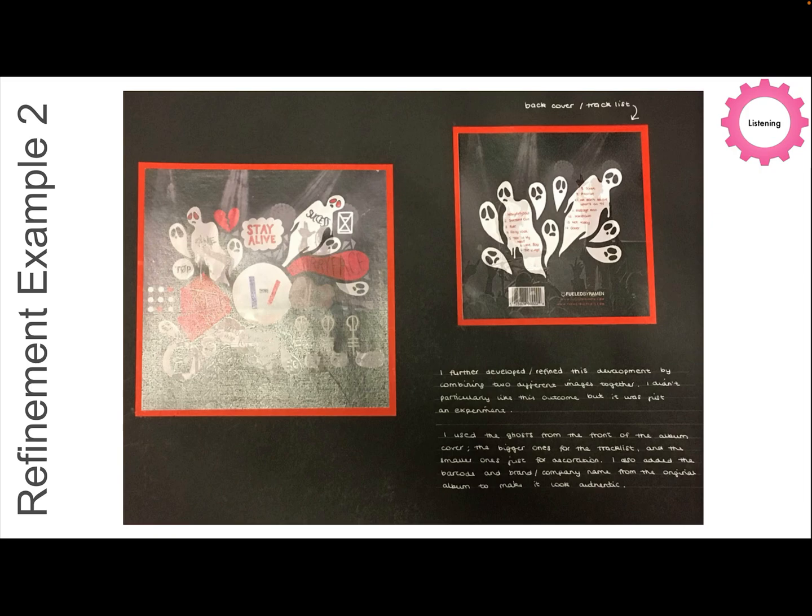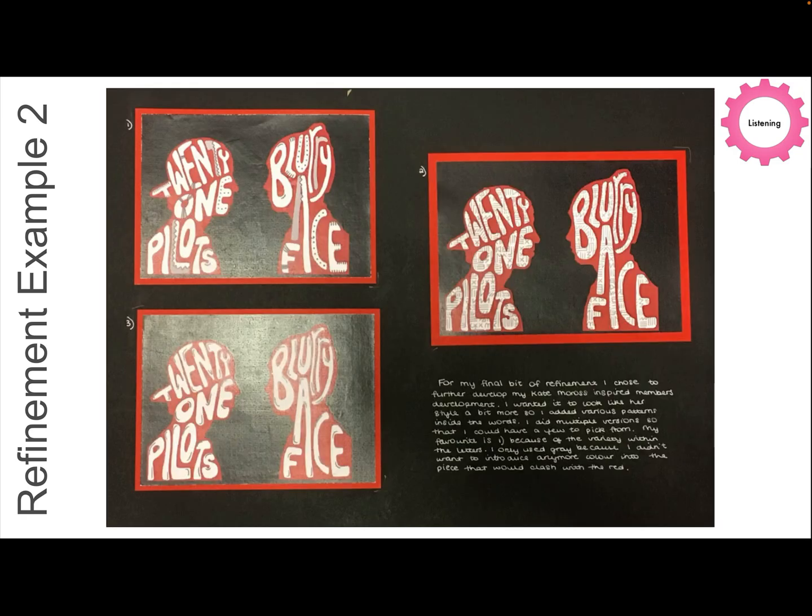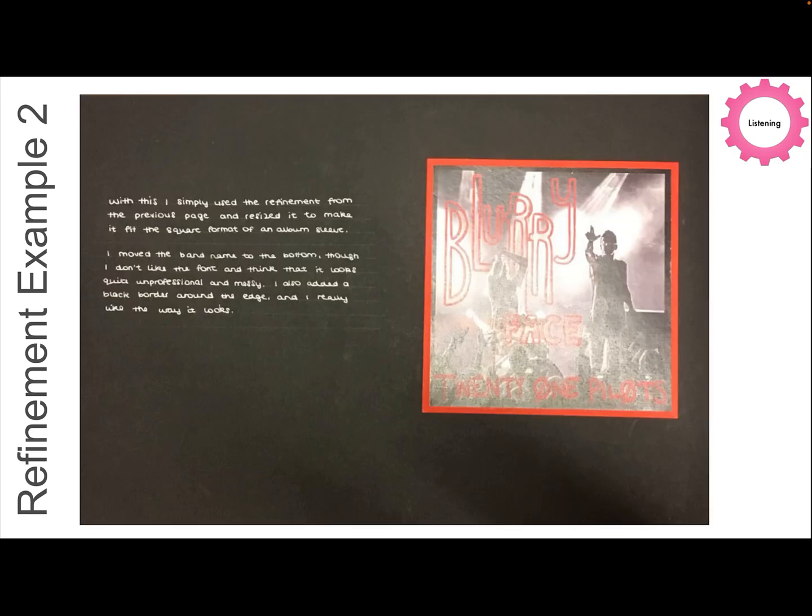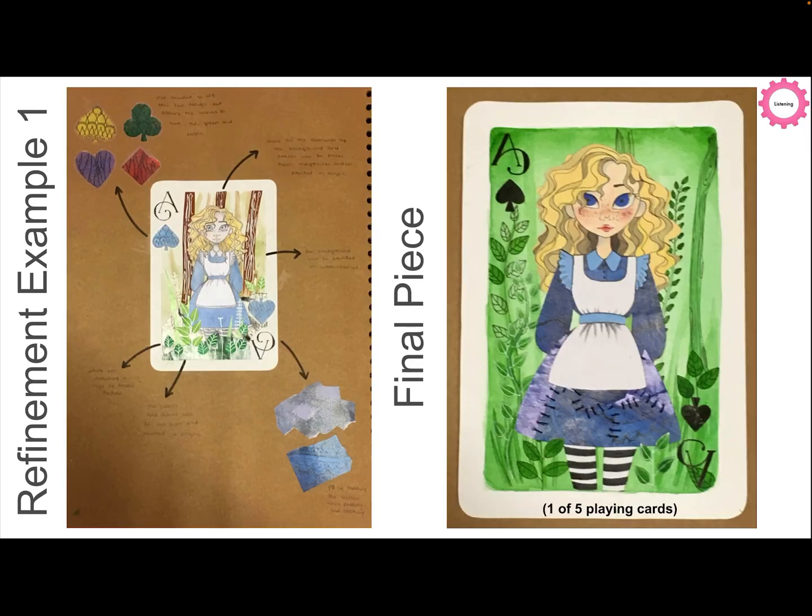So really the most important thing is you're almost at the end, but you just need to make sure it's clear from the development stage what it is you're actually going to take forward into that final piece. So the final plans need to be clear and precise and give us an idea about the materials that you might be using and the arrangement.